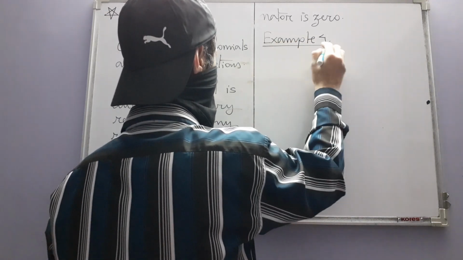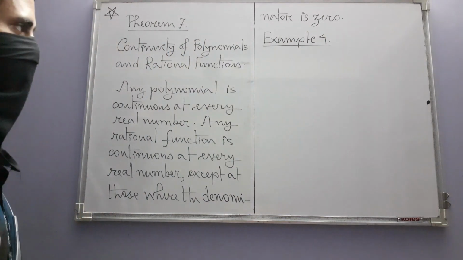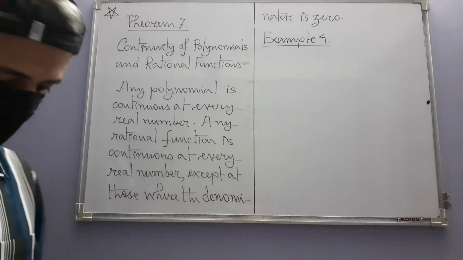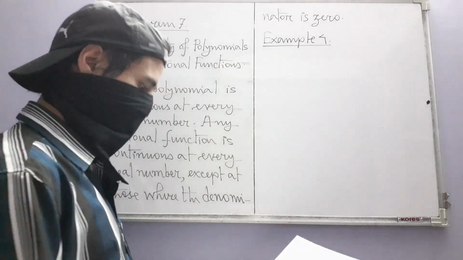Example 4. So we first consider two polynomials, and the polynomials the authors have considered are these.